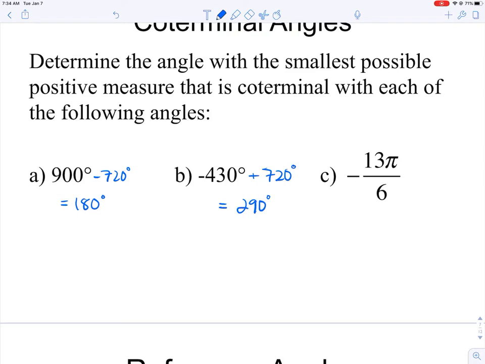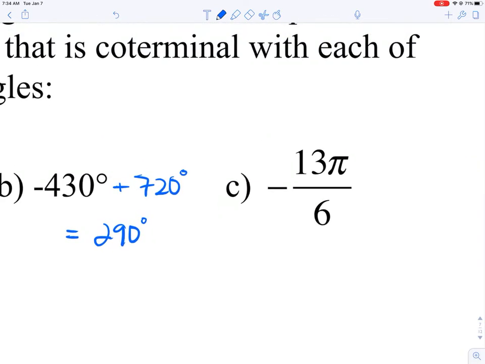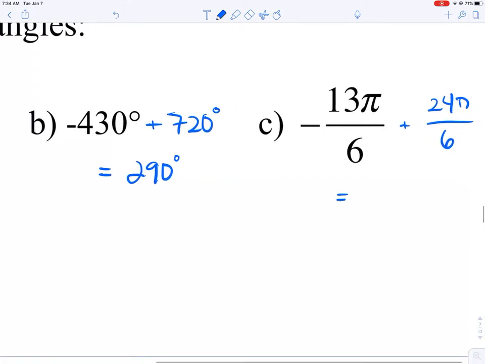And negative 13 pi over 6, well, if we add 2 pi, which is 12 pi over 6, we're still going to be at negative pi over 6. So we're actually going to need to add 4 pi, so 2 rotations, which is equal to 24 pi over 6. And then that puts us at 11 pi over 6.